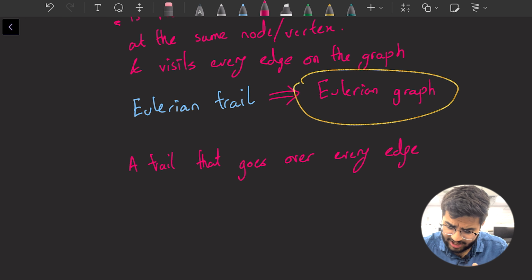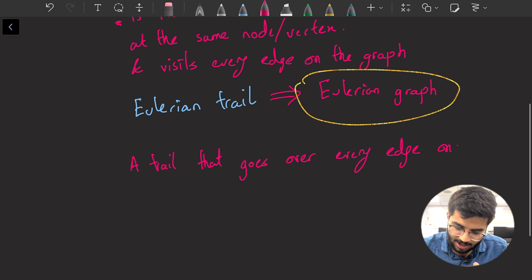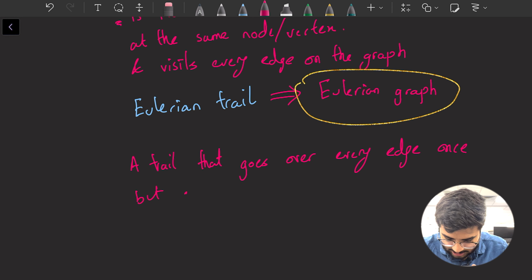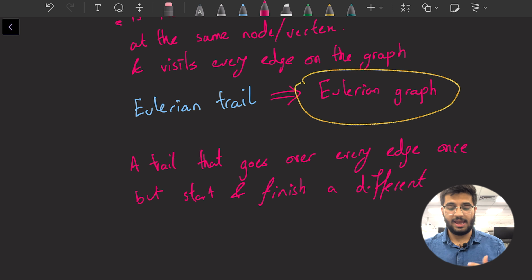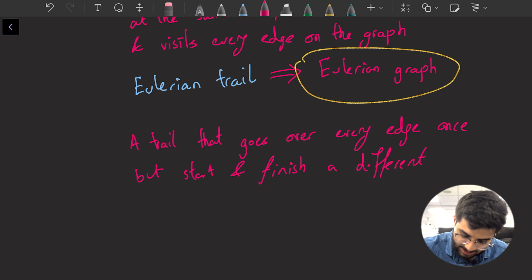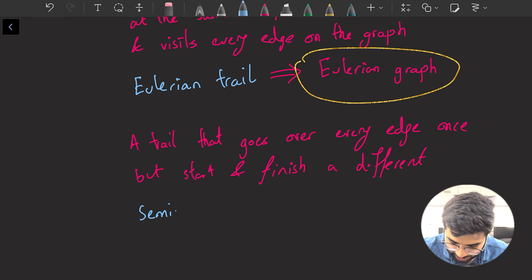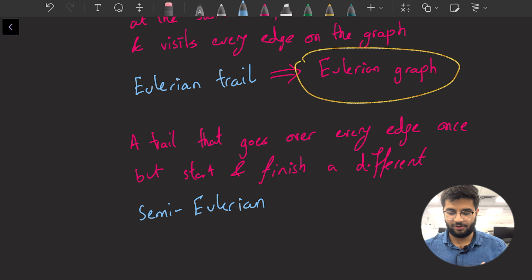It goes over every edge once, but start and finish are different. In that case, that trail is called semi-Eulerian. And if a graph doesn't have an Eulerian trail, but does have a semi-Eulerian trail, then it is a semi-Eulerian graph.